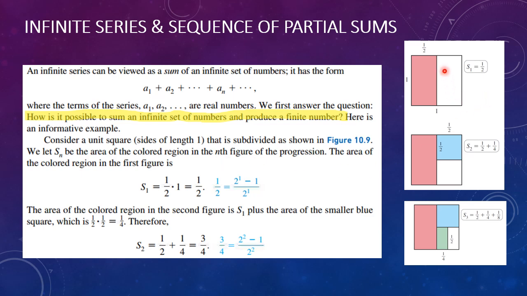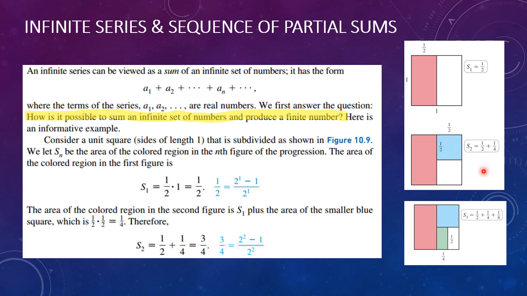The area of S sub 1 is 1/2 of the area of the square, or 1/2. Now S sub 2, the area of the colored region in the second figure, is the 1/2 we had in S sub 1 plus the next member, which is 1/2 of what's left. So we get 1/2 plus 1/4, the area of this little blue square, which gives us 3/4.